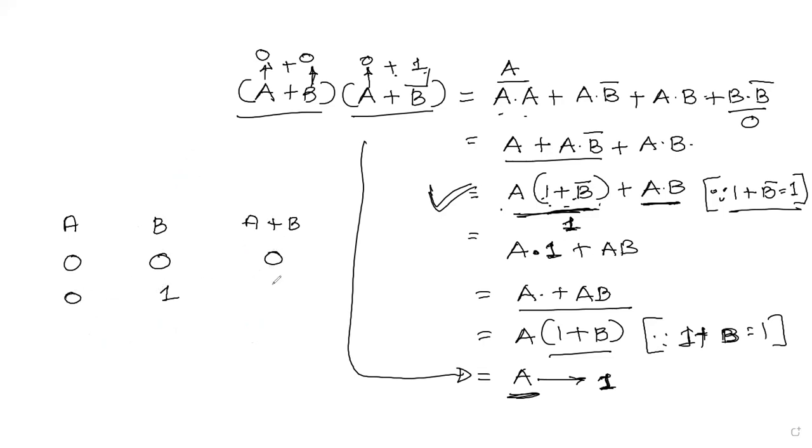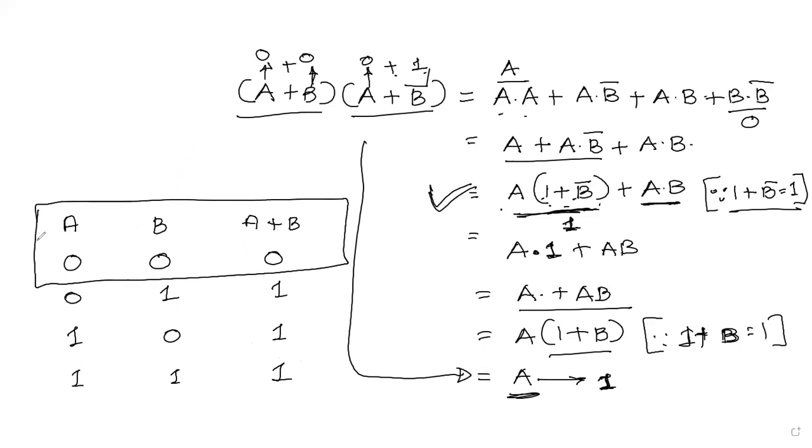For any other case, you will get 1, right? So we consider this one as the only combination. That means if 0 plus 0 is there, then only we will get 0. Otherwise, we will get 1, 1, 1, right? So this is considered as A. This is considered as B.